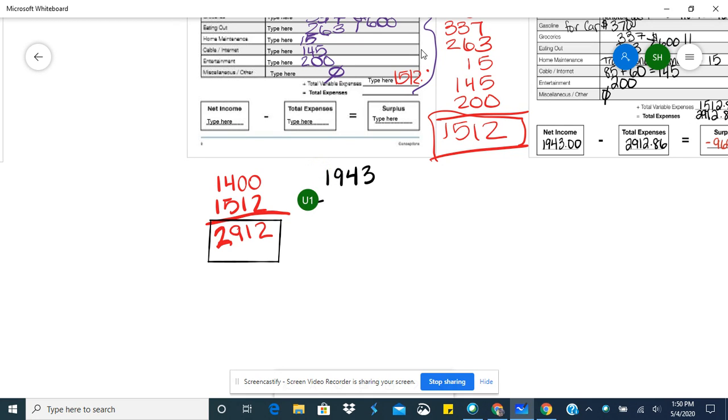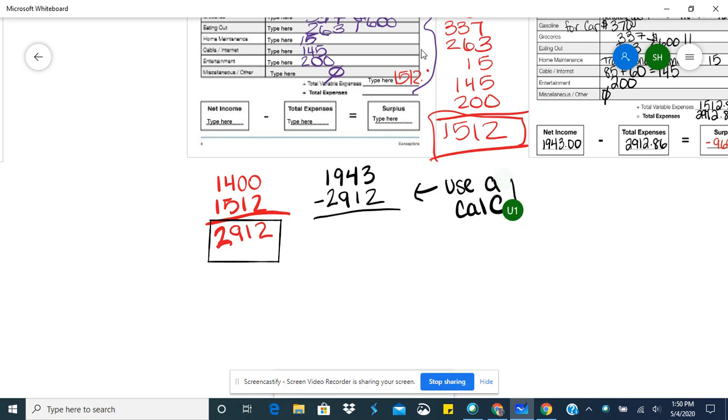Subtract 2,912 from that number. Now, we are going to get a negative number. Again, use a calculator, especially for this part, so you don't mess it up. Okay? I do not mind if you use a calculator for this project.